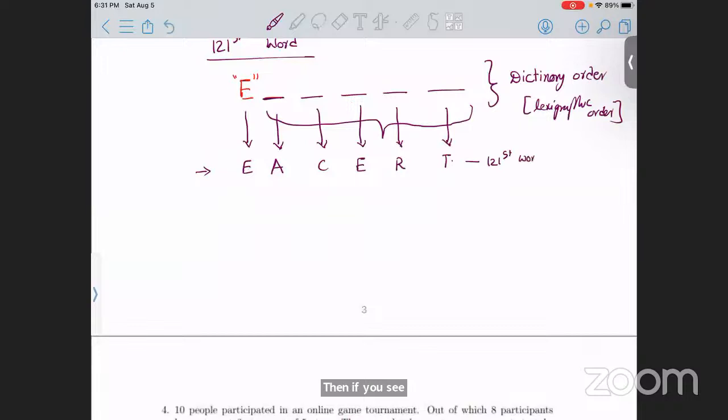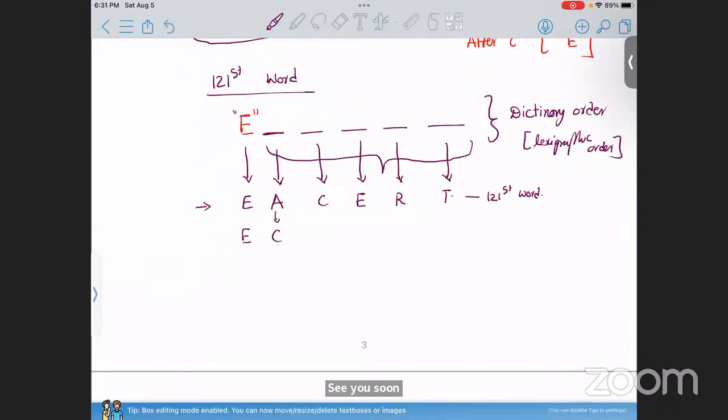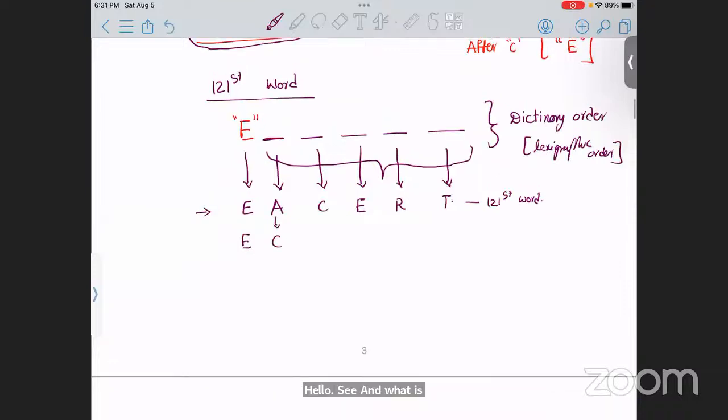E is fixed. What is the possibility after A? Just interchange that word: C. And then with C, what will happen? CA. This will come here.